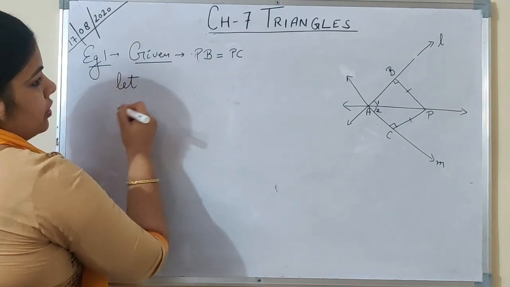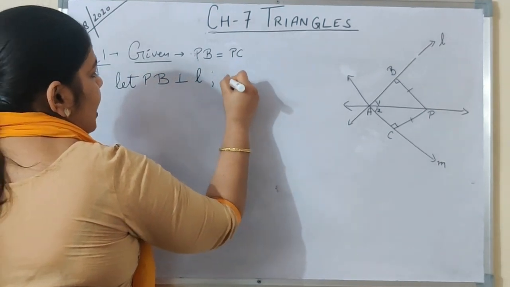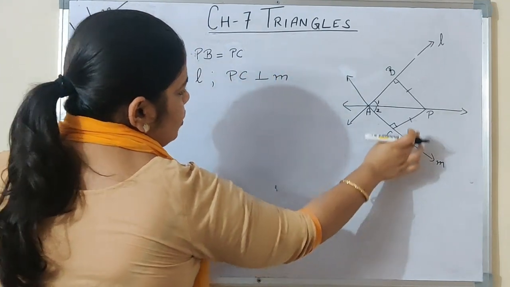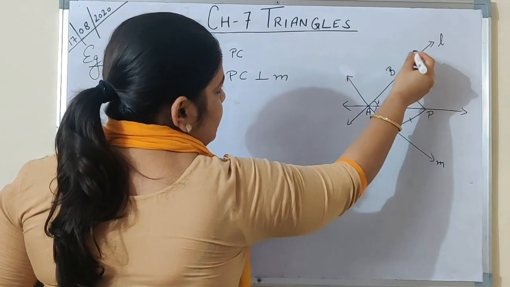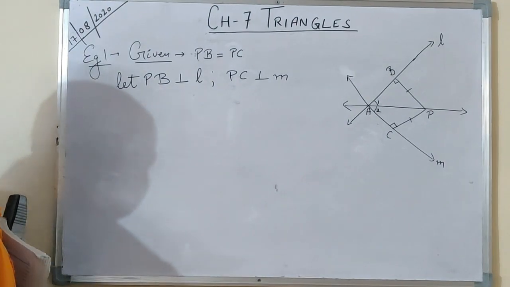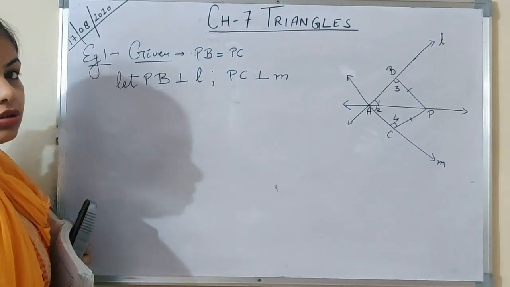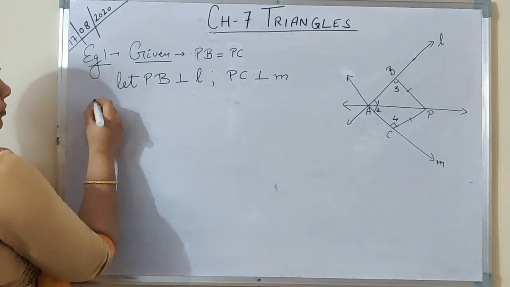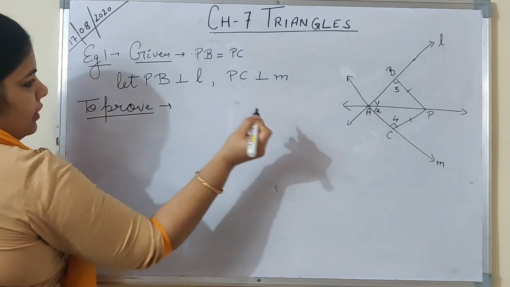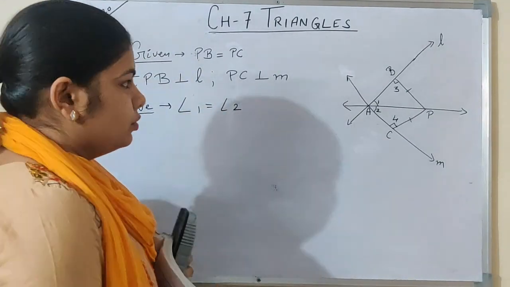I have just supposed, let PB be perpendicular to L and PC be perpendicular to M. You can see over here, I have taken PB perpendicular to L and PC perpendicular to line M. So I can say that angle 3 is equal to angle 4, which is equal to 90 degrees. Now, what we have to prove? We have to prove that angle 1 is equal to angle 2.